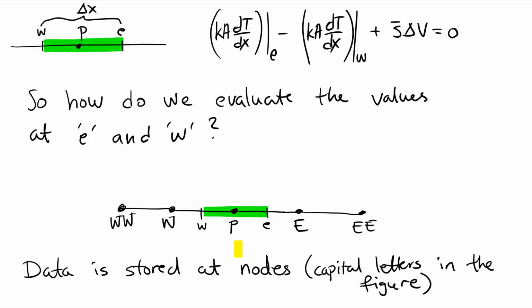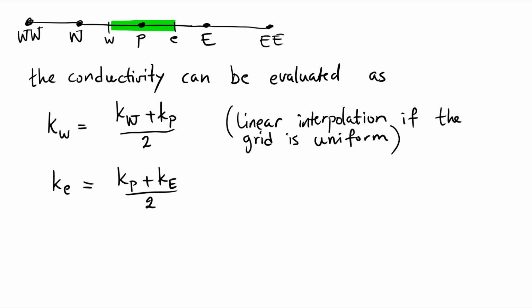And remember now that data is stored at the nodes, so we have no data storage at the west and the east surfaces. So we need to evaluate them by some interpolation. So for instance, the conductivity, if we wish to evaluate that at the west control surface, then we can use some linear interpolation. And this works well if the grid is uniform.